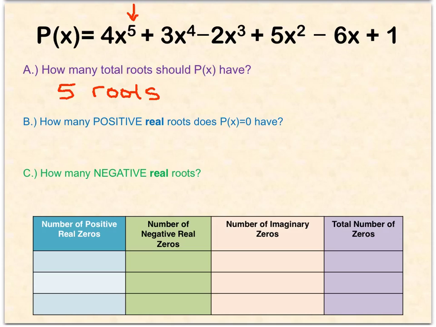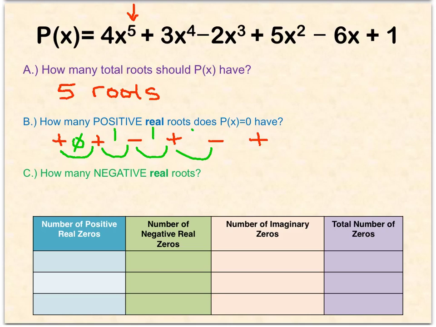Now, counting the positive real roots, I have to look at the sign changes. So 4x to the 5th, that's positive. And then 3x to the 4th, that's positive. Negative 2x cubed, so that's negative, positive, negative, positive. So let's count the sign changes. That's no sign change. That's 1.